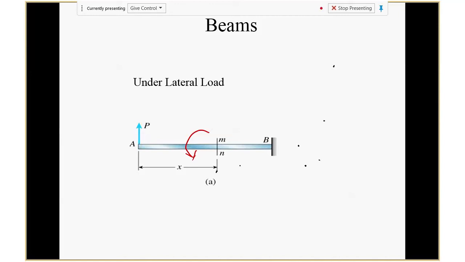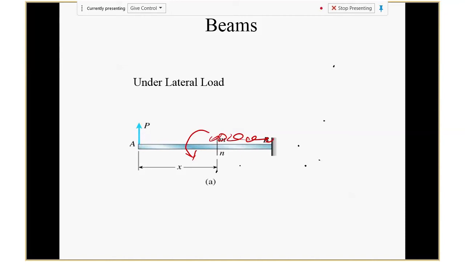That can be another type of load. Also, you can put a lot of weight on it, like so many cars on top of a beam, so you have a distributed load. So things get complicated.